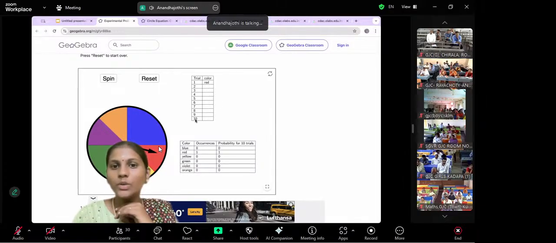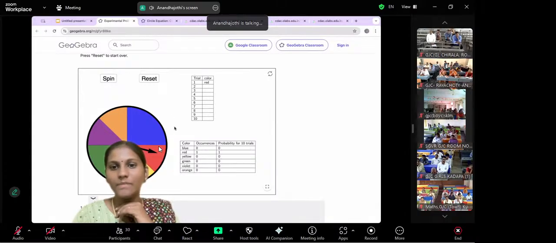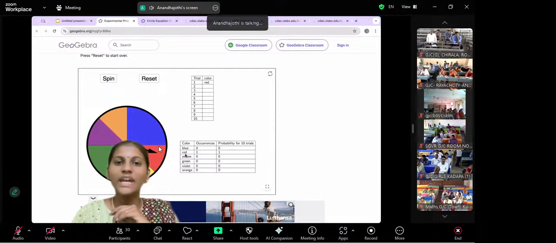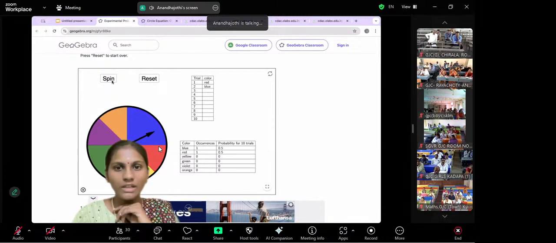We are going to do 10 trials. Here are the colors, their occurrence and their probability. Now we spin one time. What do we get? Red. Second time green. Third time blue.